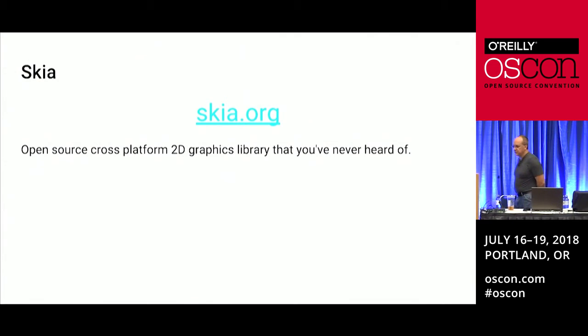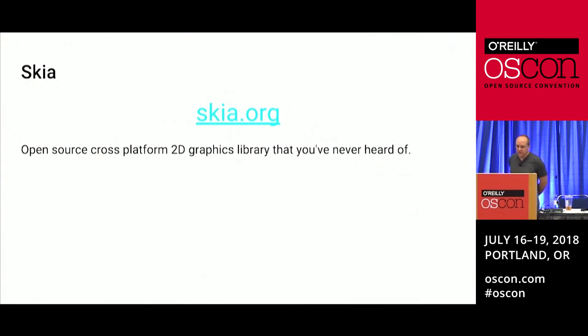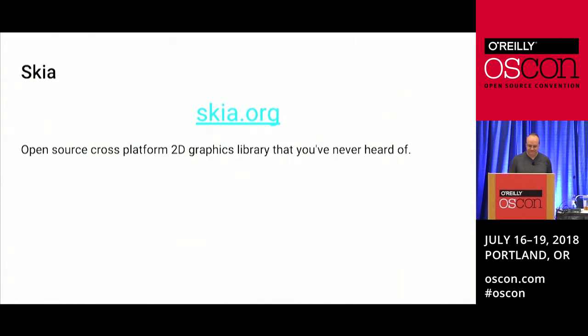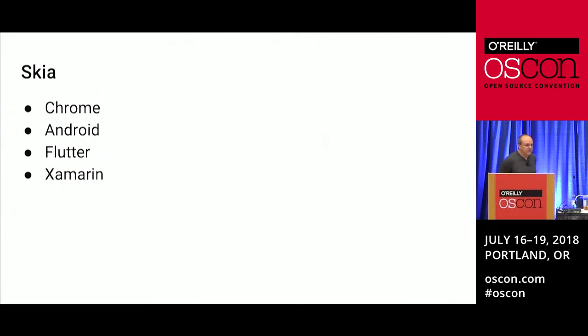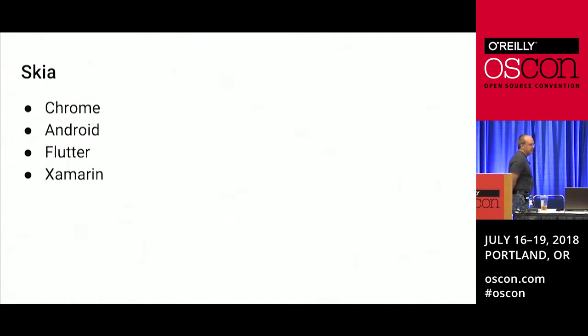Skia.org is the site. It is the open source cross-platform 2D graphics library that you have never heard of. That's the website, Skia.org. It gives you an idea of what it does as far as drawing. You've never heard of it, but you probably use it on a daily basis.